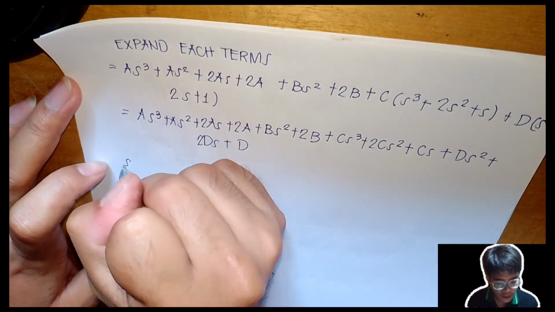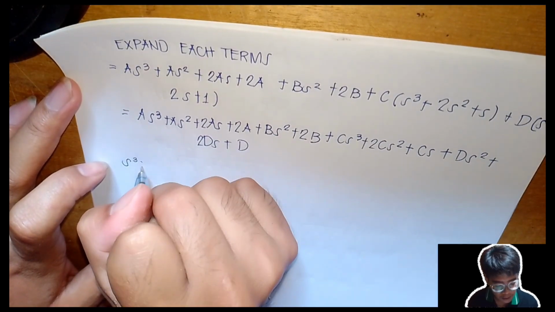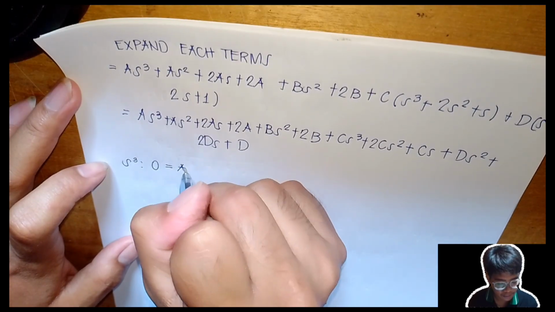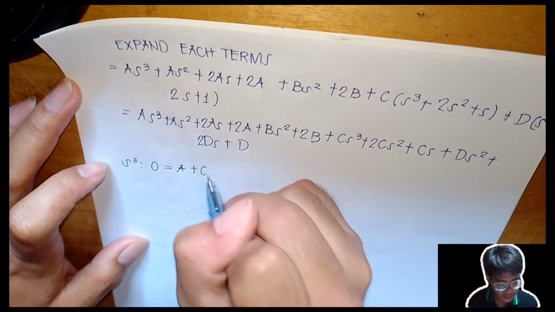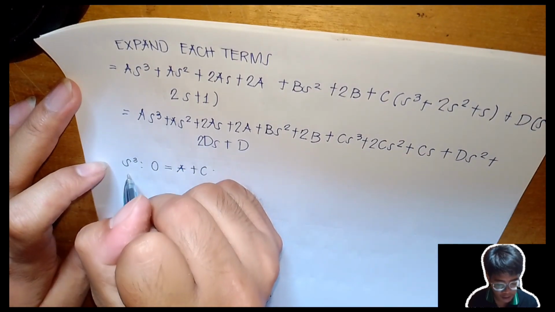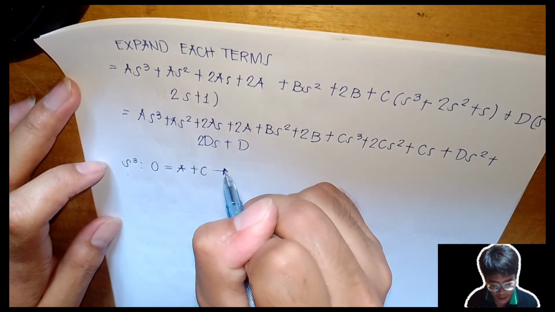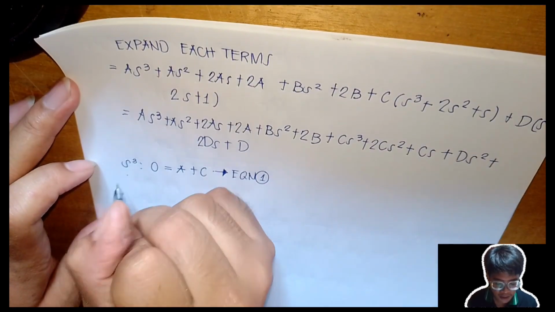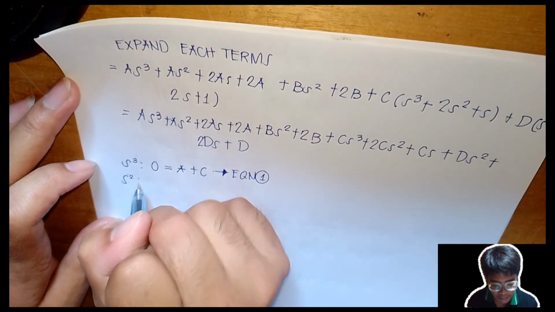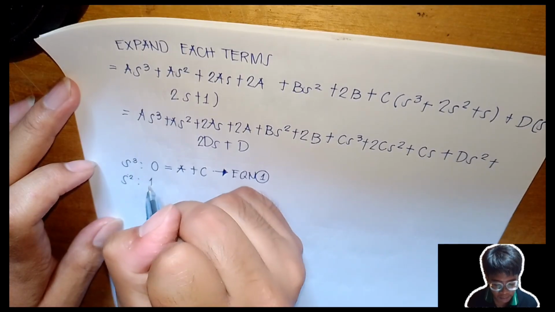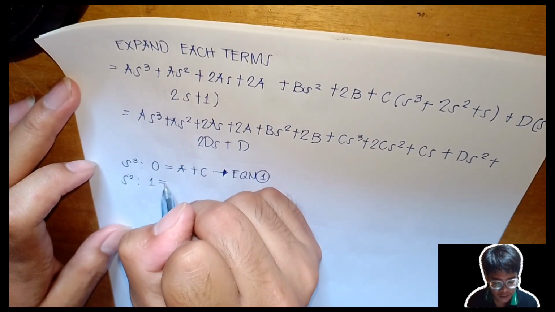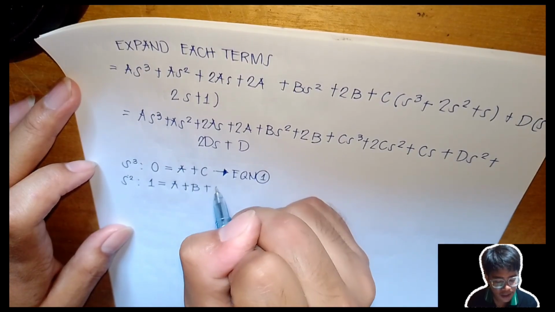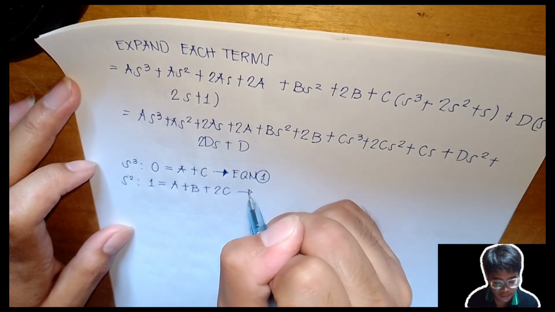Now, let's make a working equation to solve the values for A, B, C, and D. In terms of s cubed, 0 is equal to A plus C, equation 1. In terms of s squared, 1 is equal to A plus B plus 2C, equation 2.